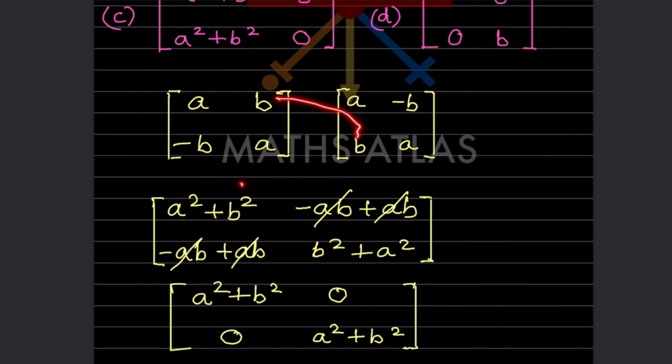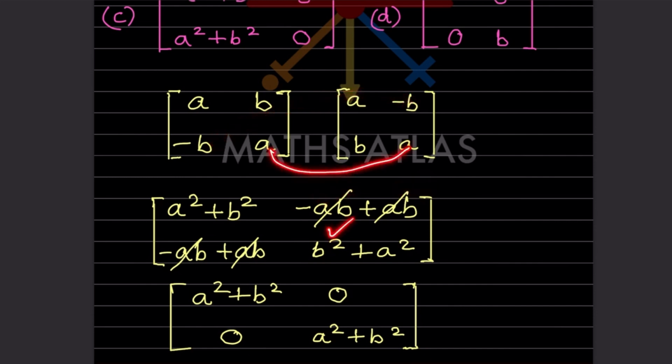This into this, that will be B square. So we have to put an addition sign over here. Then this into this, that will be AB, and this into this, that will be AB, plus minus AB plus AB. Now this is done. Now let us take this one, this into this will be minus AB, this into this will be plus AB, minus AB plus AB. Now this into this will be minus into minus, that is going to be plus B square.